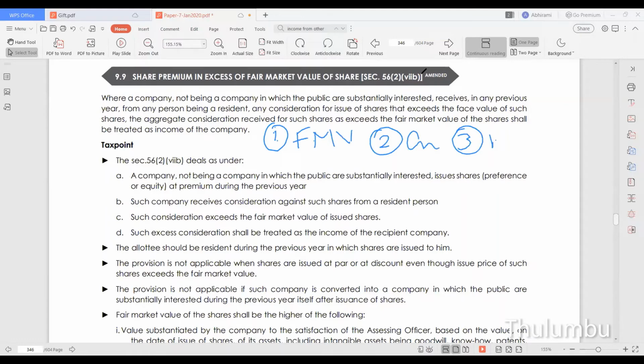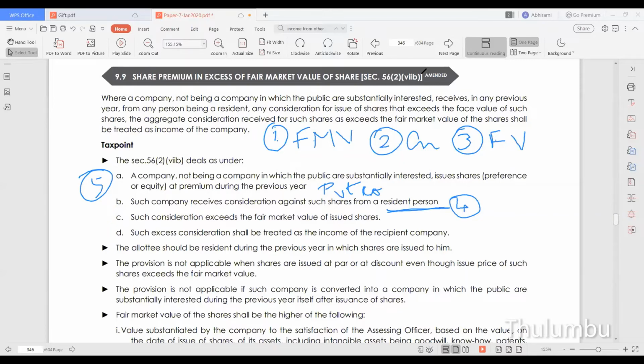Third one, face value. And fourth one, check whether it is sold by resident person. Fifth one, whether it is a company in which public are not substantially interested, so check whether it is a private company. So in the 5 points check பண்ணா மட்டும்தான் you can proceed for the answer.